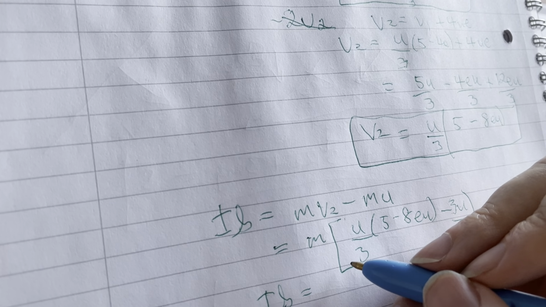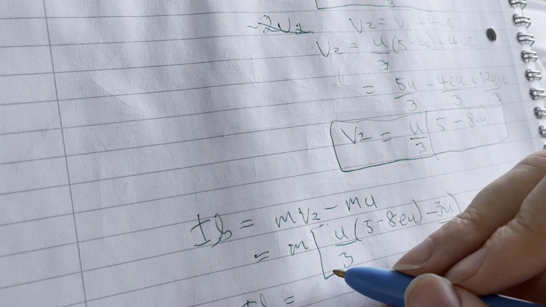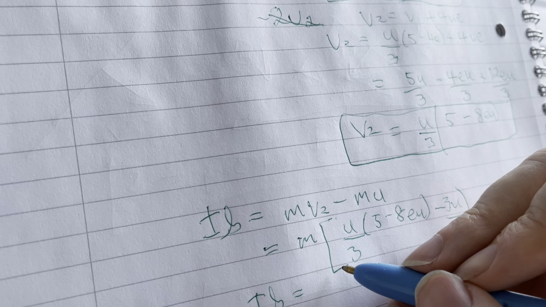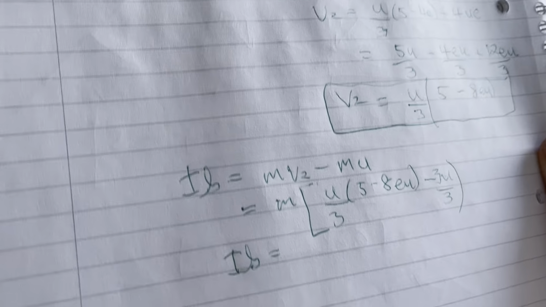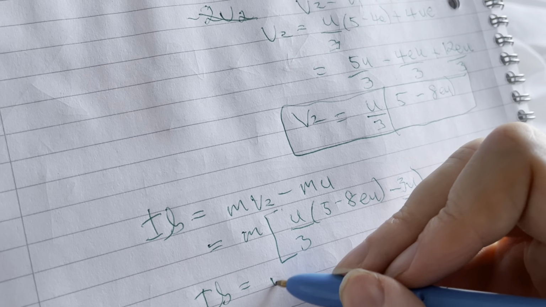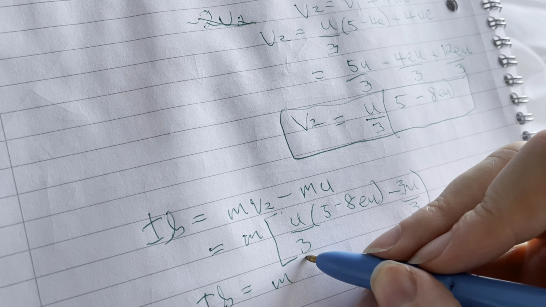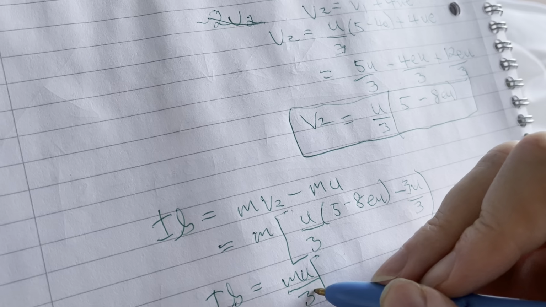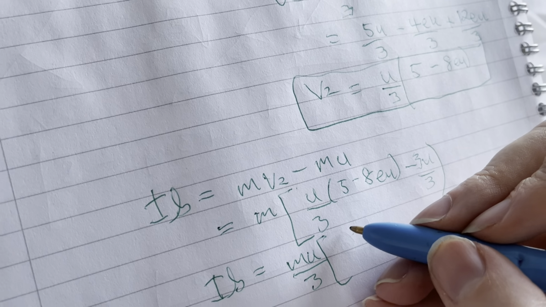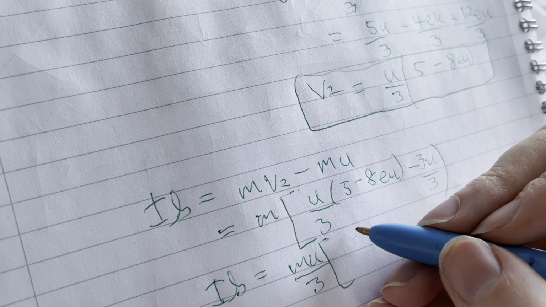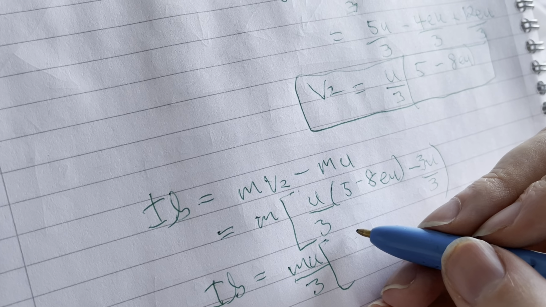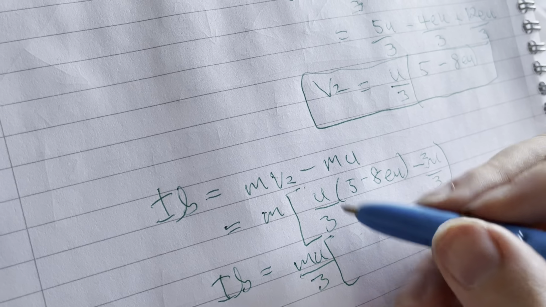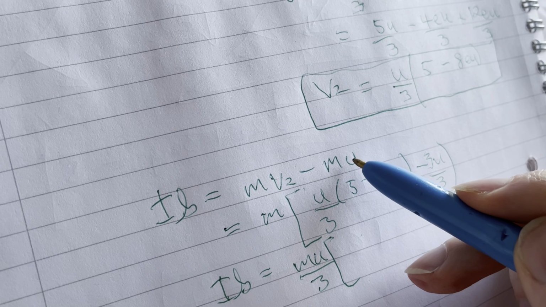So find the impulse imparted to B due to the collision in terms of u and e. So the impulse is the momentum afterwards minus the momentum before.